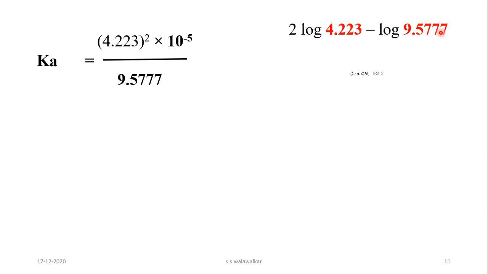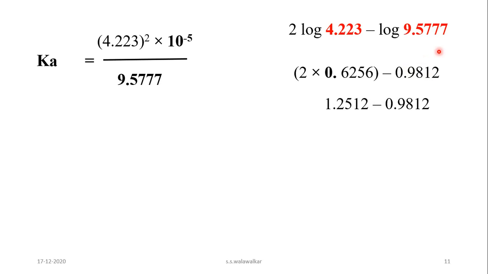So it is equal to 2 into 0.6256, the log of 4.223, minus the log of 9.5777, which is 0.9812.